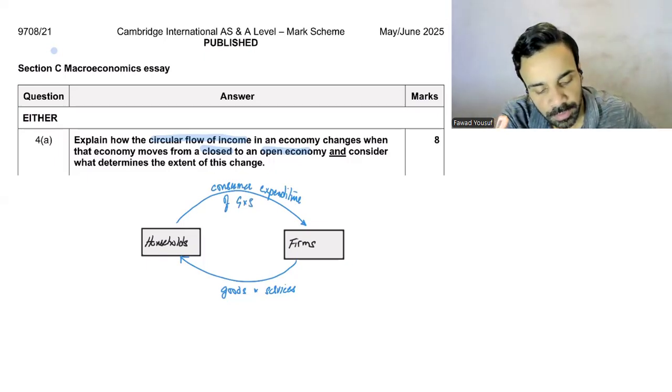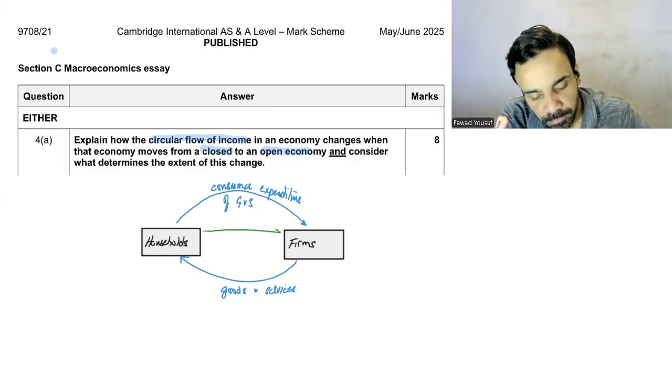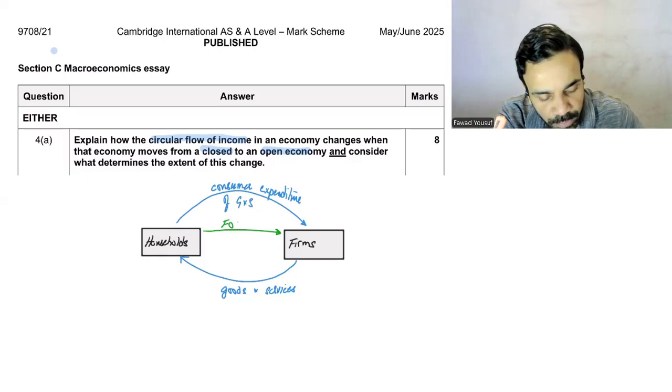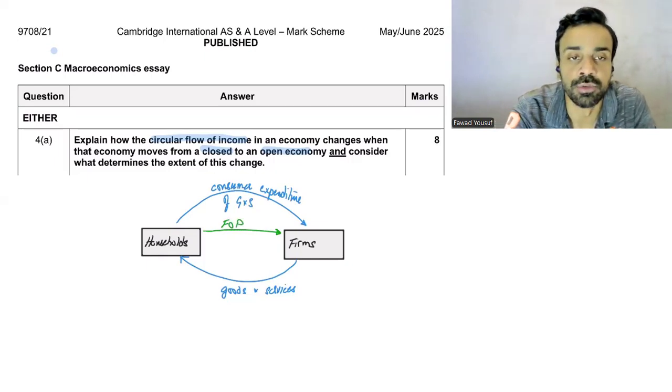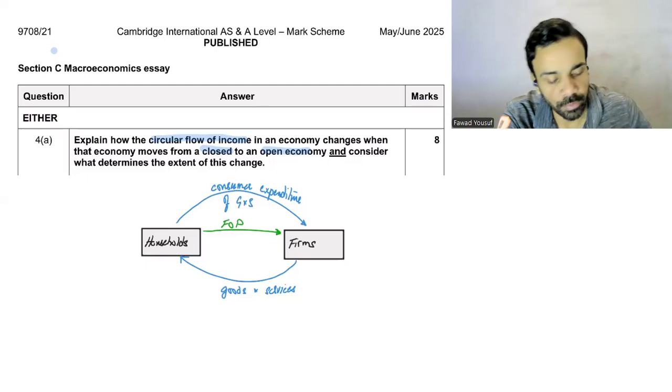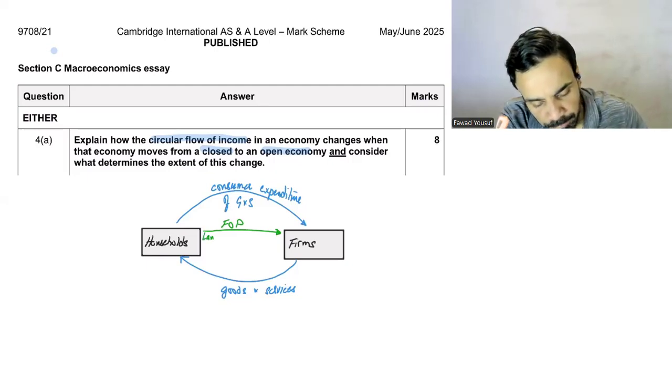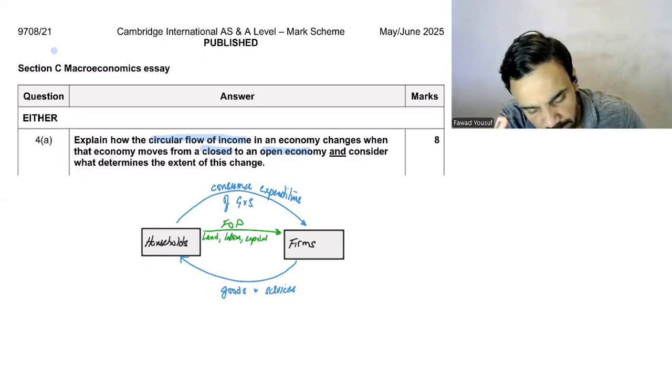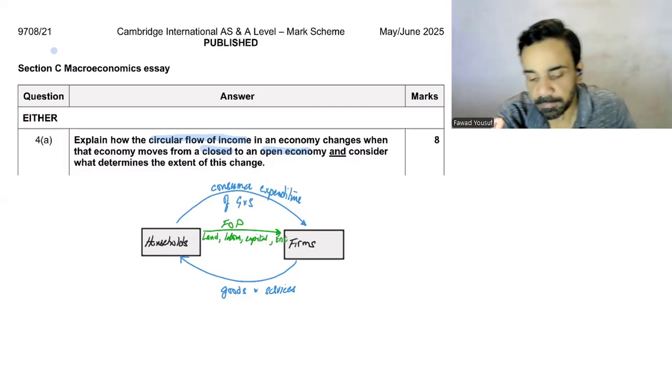Then we know that factors of production move from household to the firms, and you can mention if you want that land, labor, capital, and enterprise move in this direction.